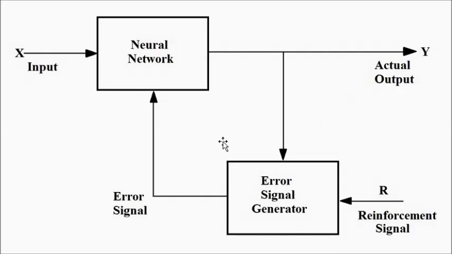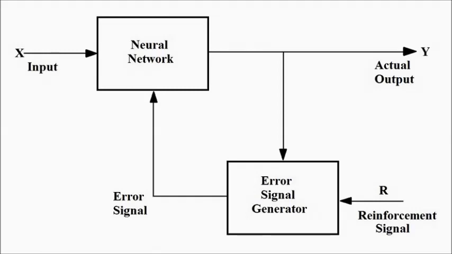We have a feedback: the neural network gets an input, produces an output, and the output is compared with the reference signal, which is the reinforcement signal, in relative terms. The error signal is evaluated, in terms of percentage. It is fed to the neural network. The neural network again makes some changes to the parameters, and in steps it produces an output which is close to this reinforcement signal.